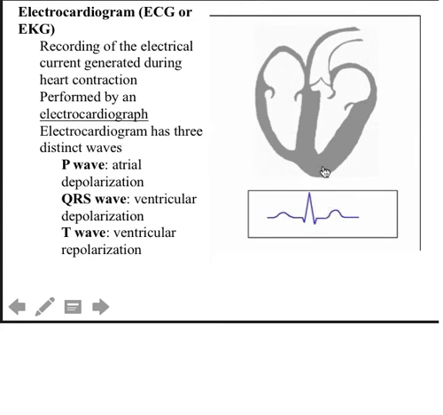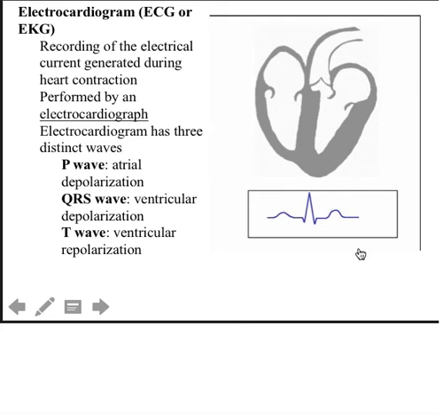And then the ventricles repolarize, getting ready for the next electrical signal for the next beat. And that's what gives us the T wave, okay? So depolarize, squeeze, repolarize, relax for the atria. Then depolarize, squeeze, repolarize, relax for the ventricles, all right? So that's what's happening in your typical EKG.